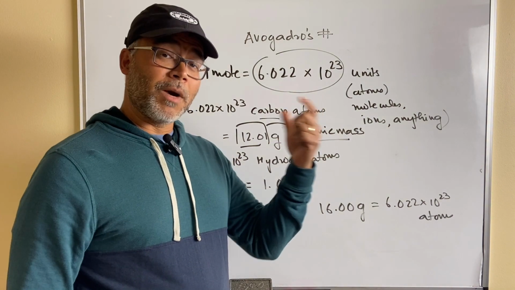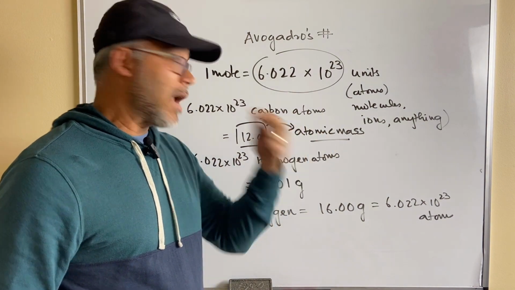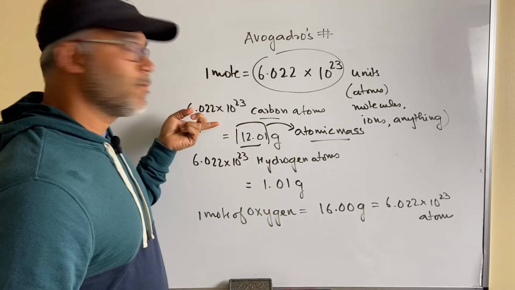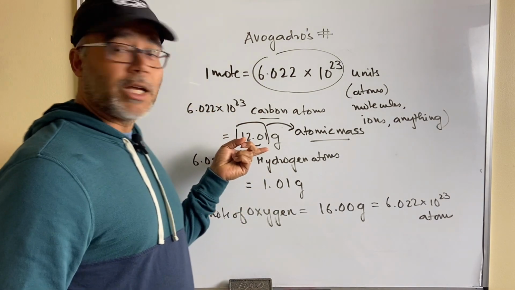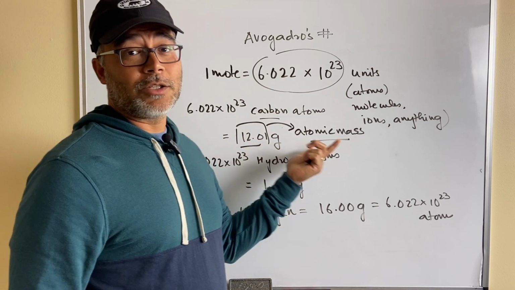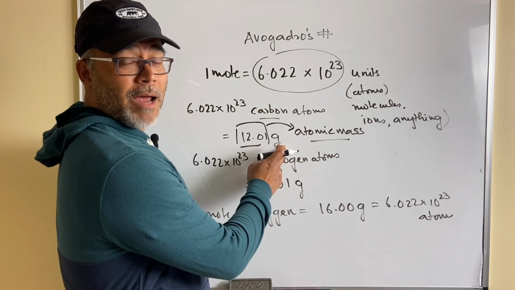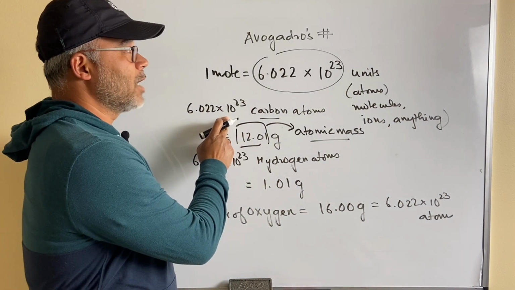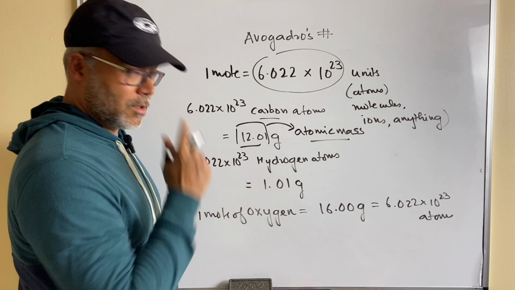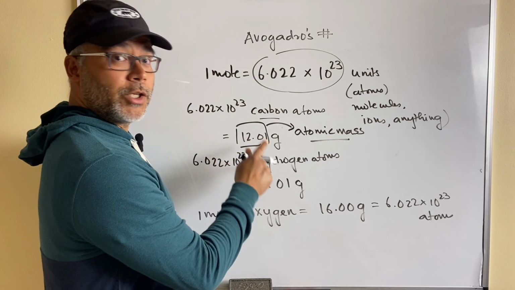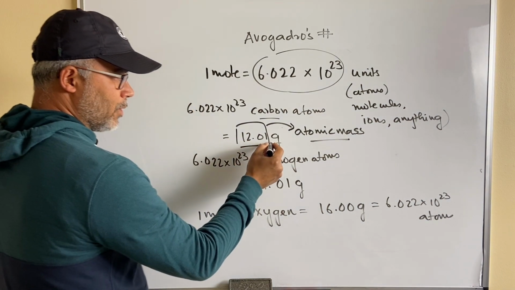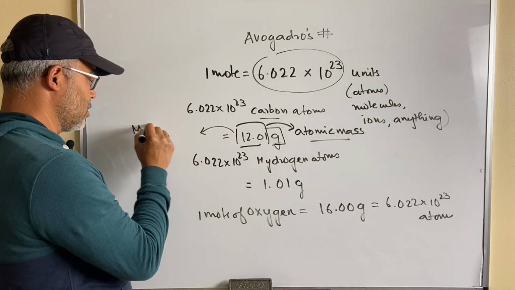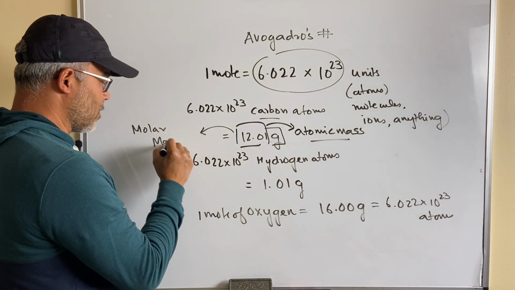Turns out, if you take that mass of one atom of carbon and convert it into grams, you would get 12.01 grams. So you can take the atomic mass directly, put grams after it, and you have the mass of Avogadro's number of carbon atoms. When you attach the grams to it, this is called the molar mass of carbon.